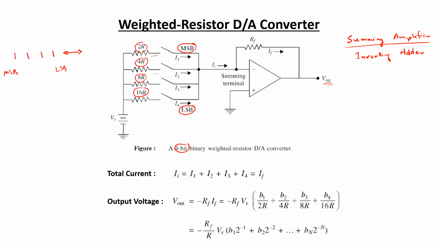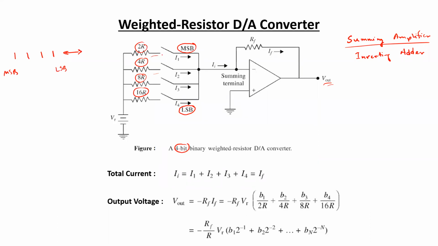MSB. Obviously the MSB should get the higher weightage while the conversion is done. So the values of the different resistors are chosen in weighted proportion so that more weight can be given to the MSB while providing an equivalent analog signal.